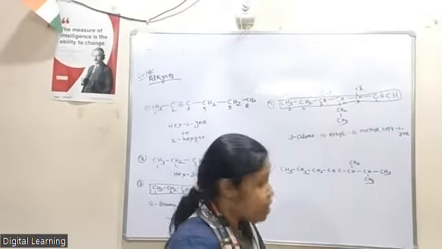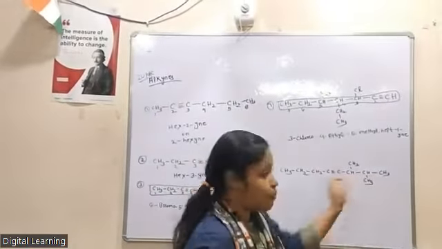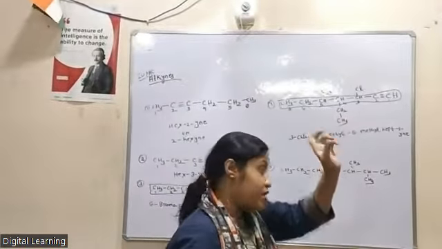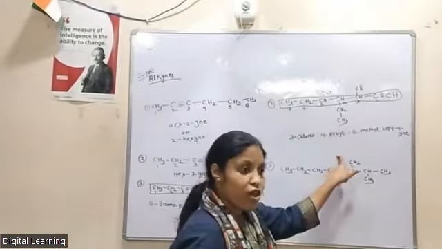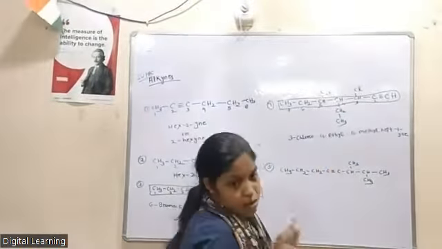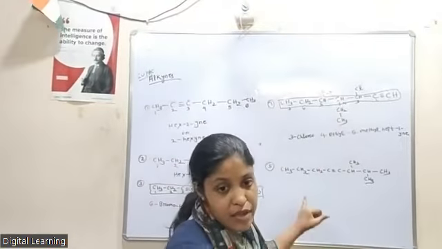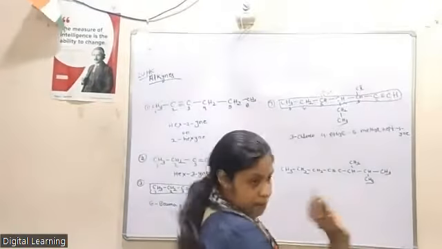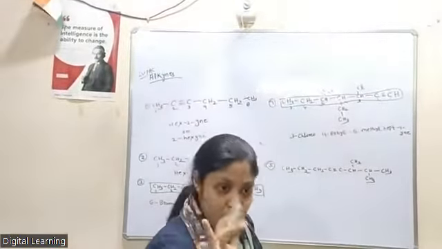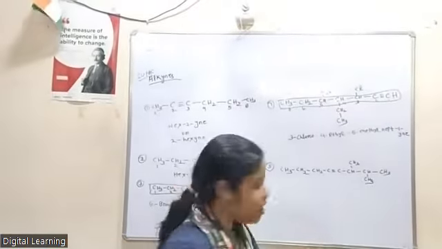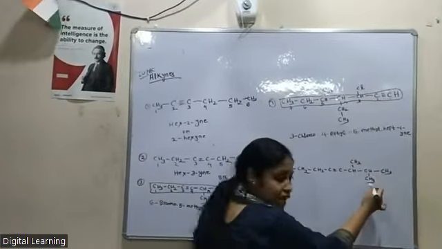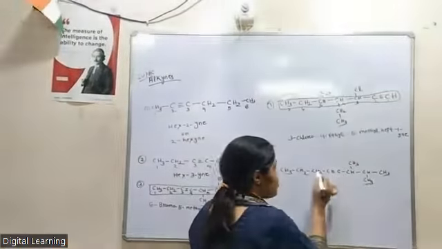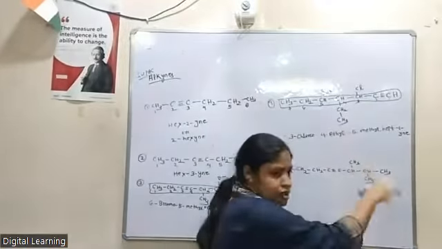We will go to the substituents. See the blackboard: first we have to choose the main carbon chain. 1 2 3 4 5 6 7 8, otherwise 1 2 3 4 5 6 7 8, that is the same.